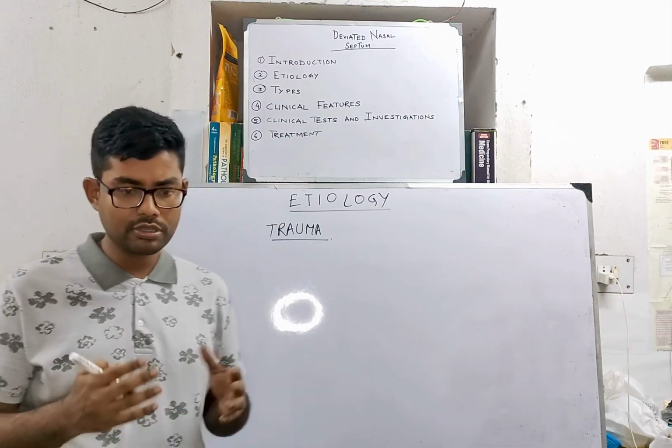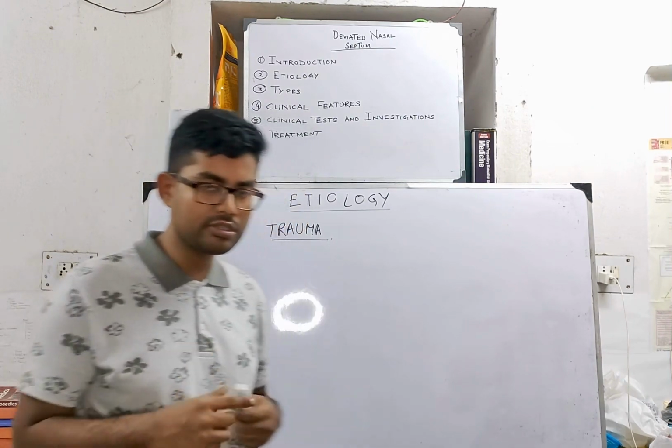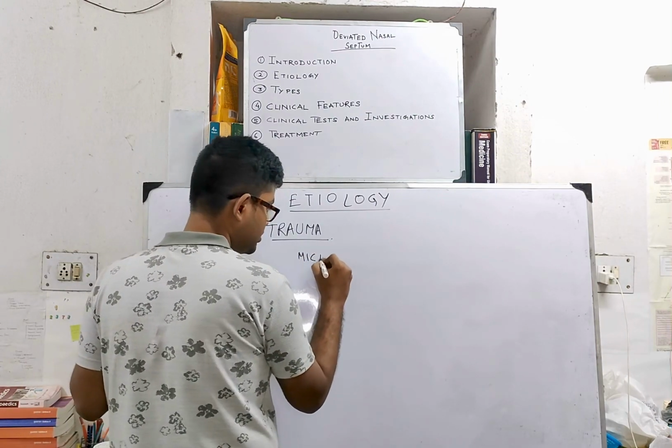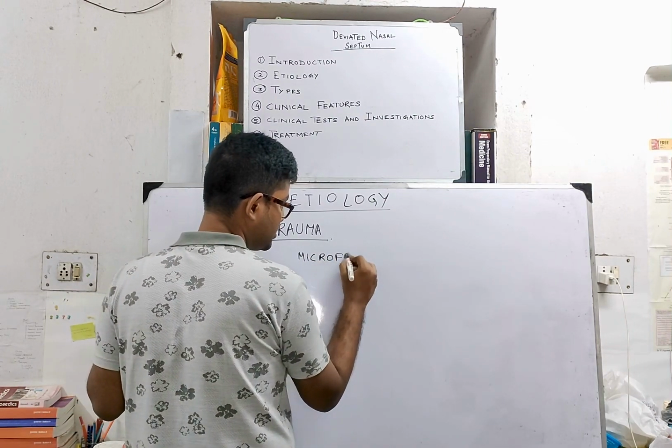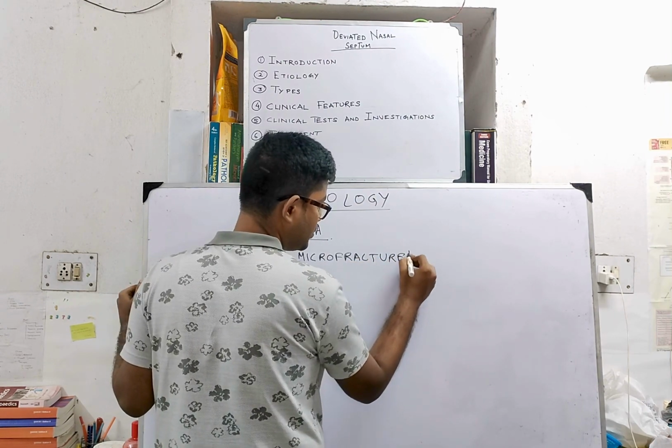What happens is, suppose pressure is created on the nasal septum which causes microfractures of the osteocartilaginous framework of the nasal septum. So microfracture is an important word which you must remember.